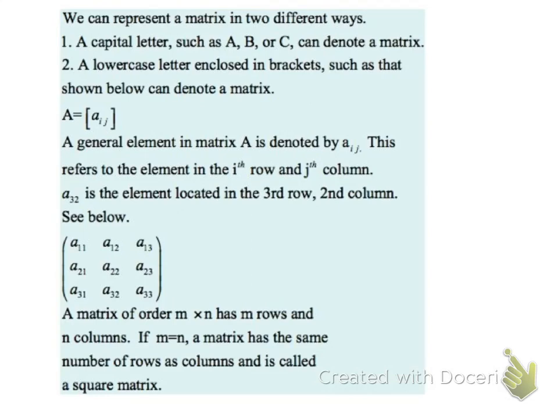First of all, just to make sure we know notation. A capital letter such as A, B, C, or D can denote a matrix, okay? A lowercase letter in brackets can also denote a matrix. And this IJ right here is describing that it has I rows and J columns.